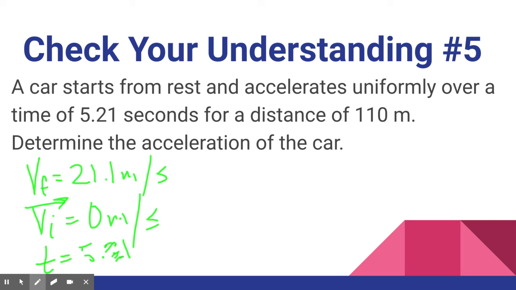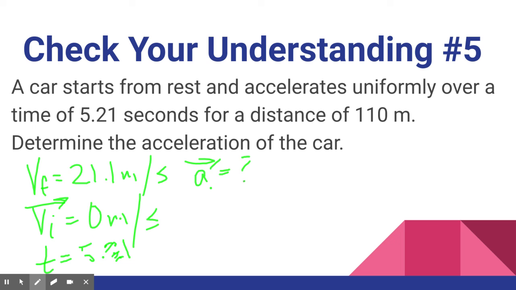And then we need to find out what the acceleration is. We don't know acceleration here. And here I'm going to just double check. Oh, here are my kinematic equations. Okay.